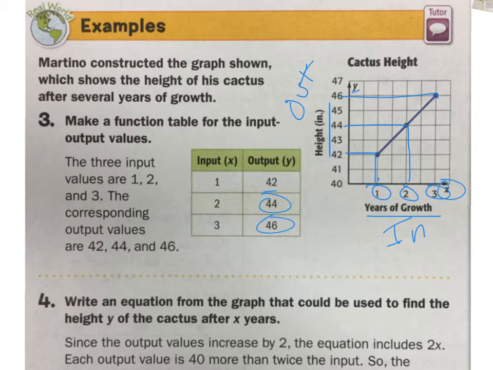So we could actually create, it doesn't ask for this, but I'm going to do this anyways, just for fun. It's going up plus 2 each time. So it'd be 2x, so 1 times 2, and then plus 40 to get me to 42.